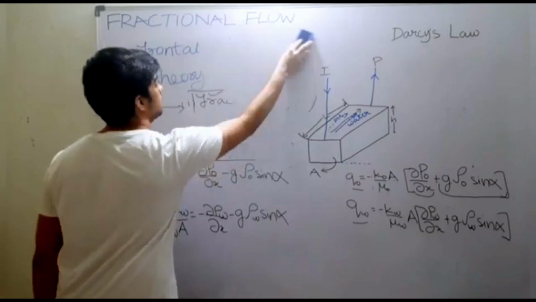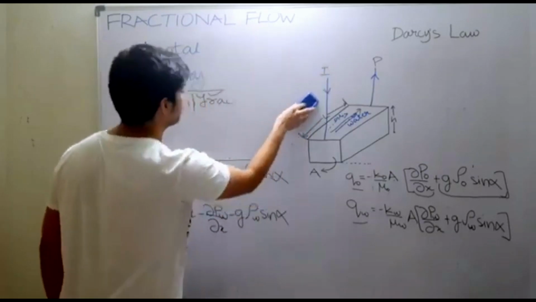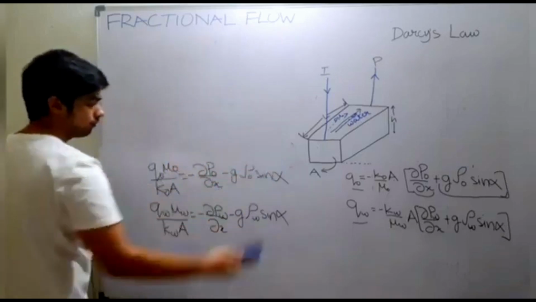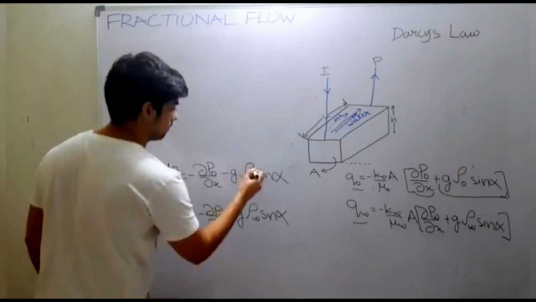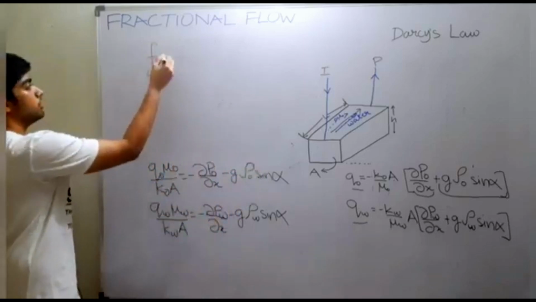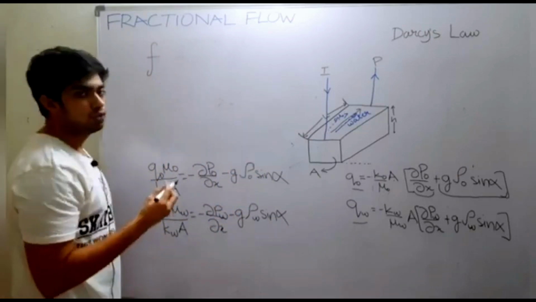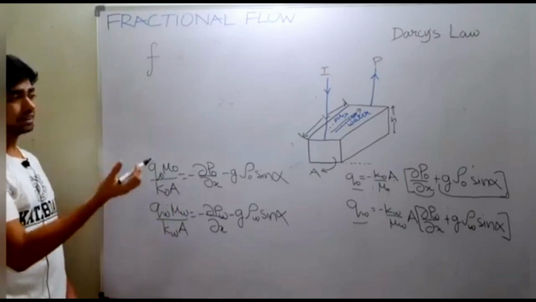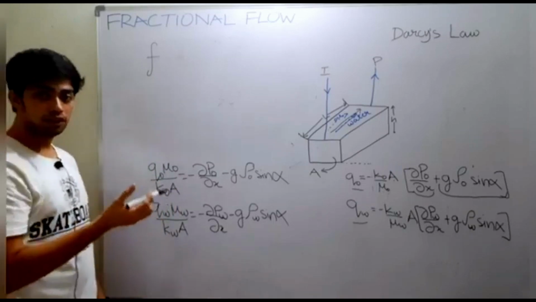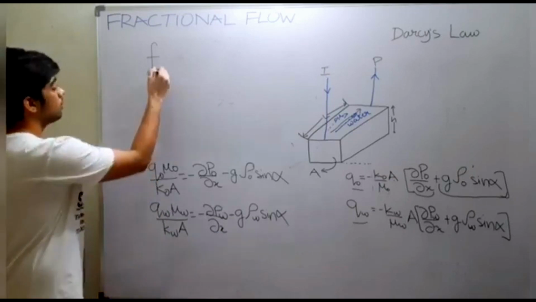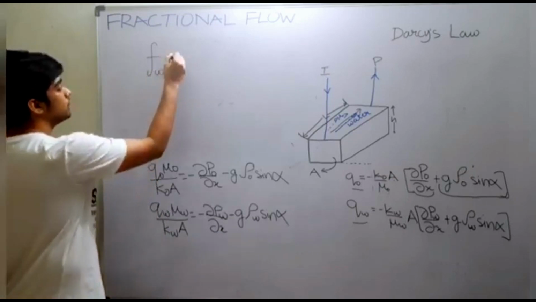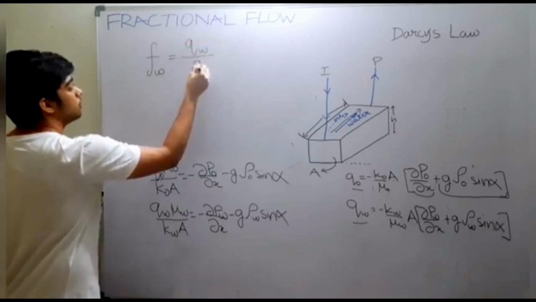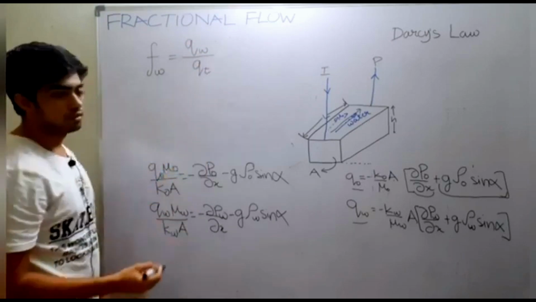So what can you understand by the word fractional flow? Fractional flow is a type of flow, and it is defined by a variable f. Fractional flow for any fluid will be the flow rate of that fluid in a container or in a reservoir in the presence of other fluids. So fractional flow is a sort of ratio of the flow rate of water divided by the flow of fluids in the reservoir.